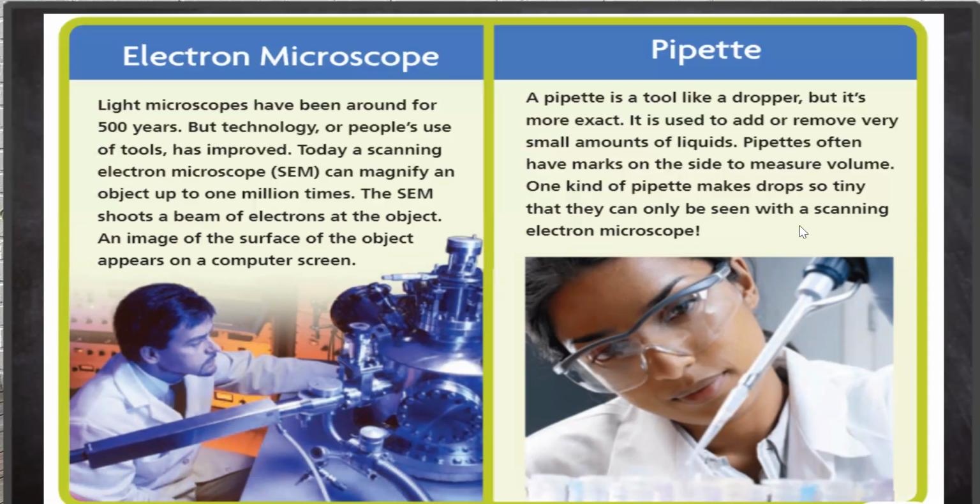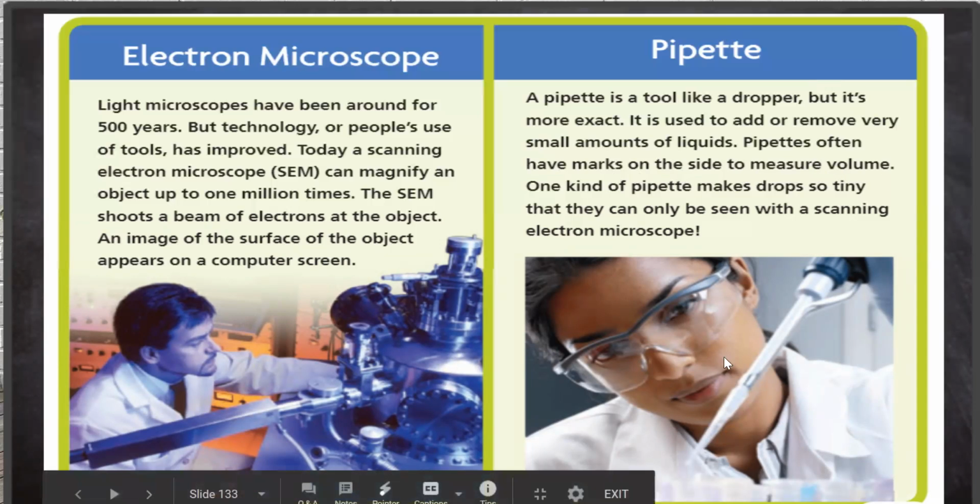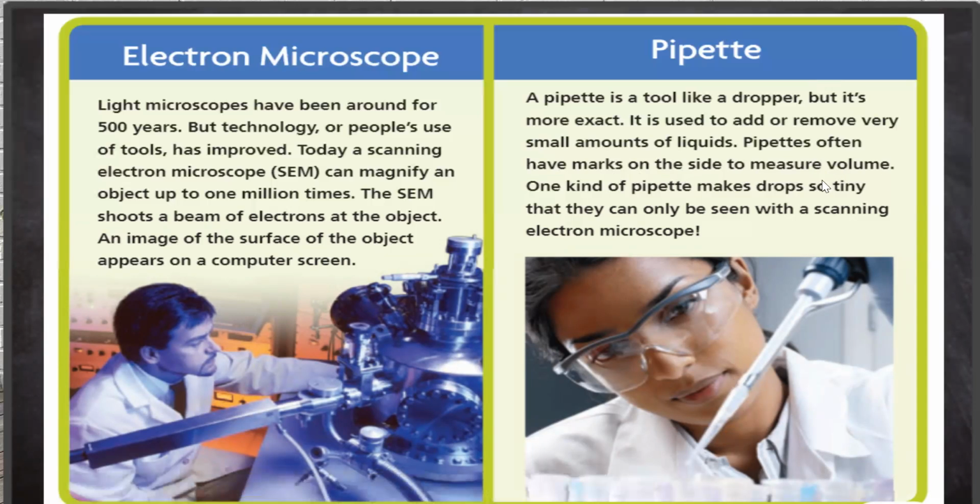It's more exact. If you want 1 millimeter, you can take that 1 millimeter without any more and any less. It is used to add or to remove very small amounts of liquid. Pipettes often have marks on the side to measure volume. Do you know what volume is and how to measure volume?